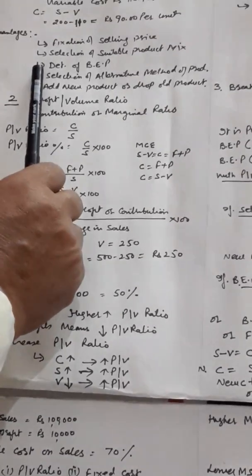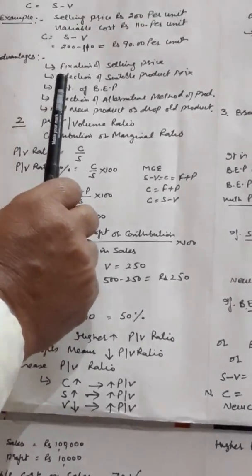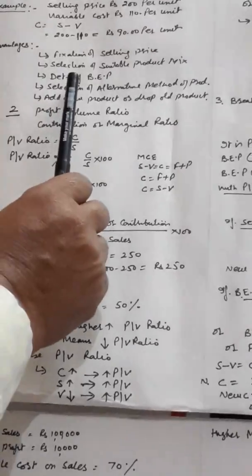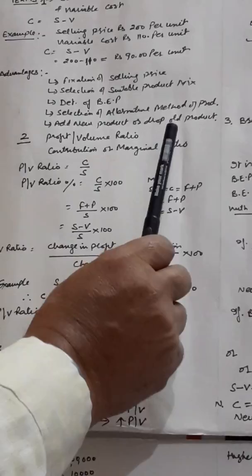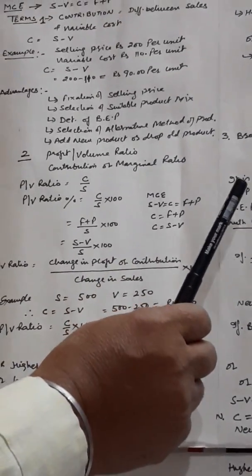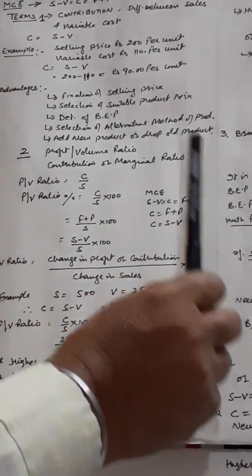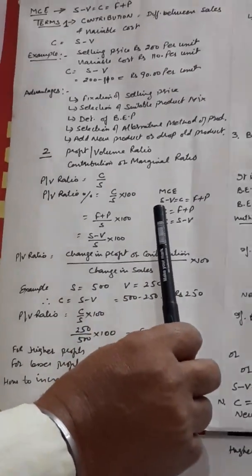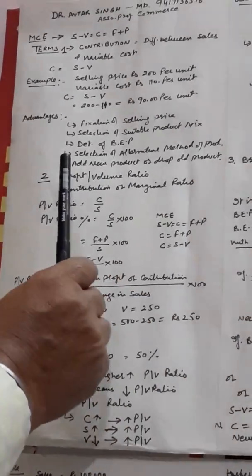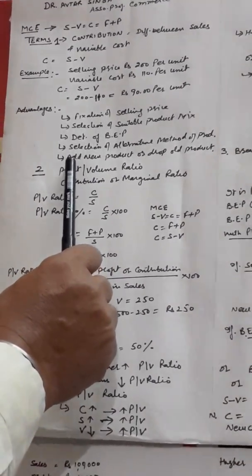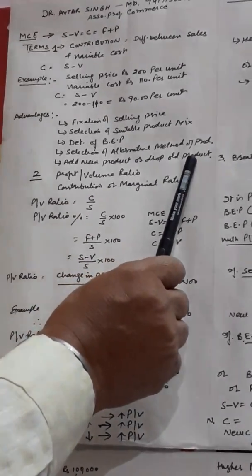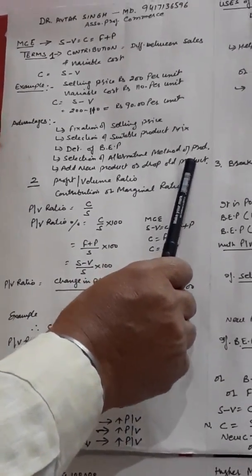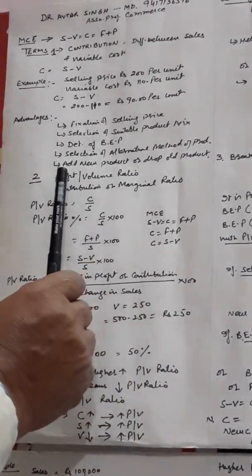Third and most important advantage of contribution, it helps us in determination of break-even point. Break-even point here means the point at which there is no loss, no profit. It is a point at which total cost is equal to total sales revenue. Next advantage, when we are to add a new product or drop an old product, then contribution provides us necessary help.